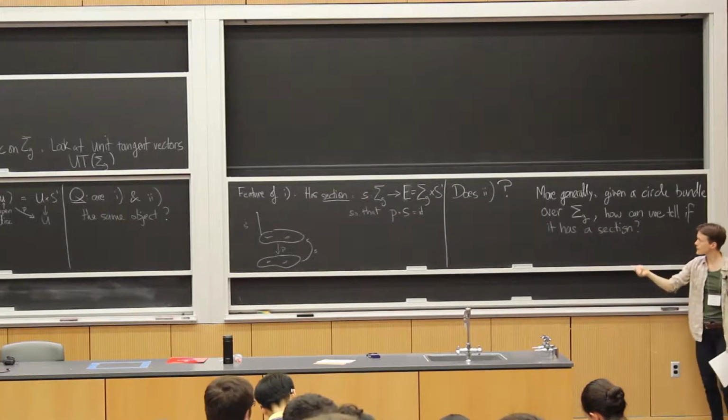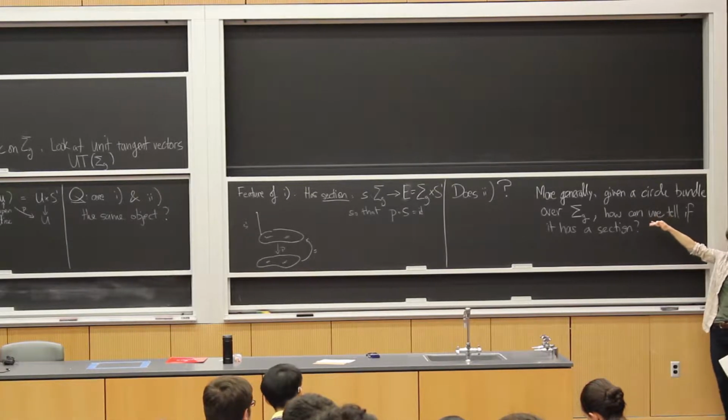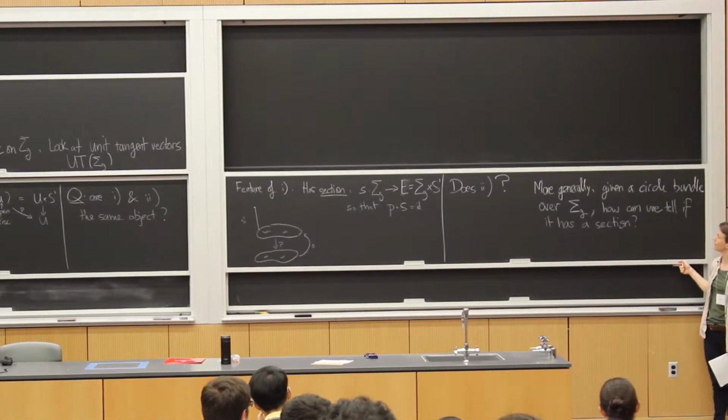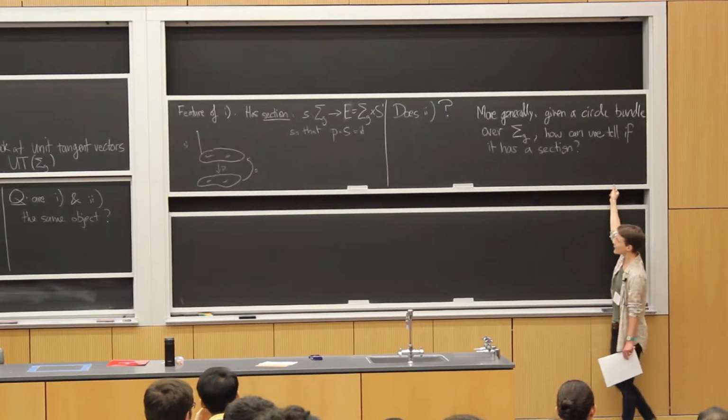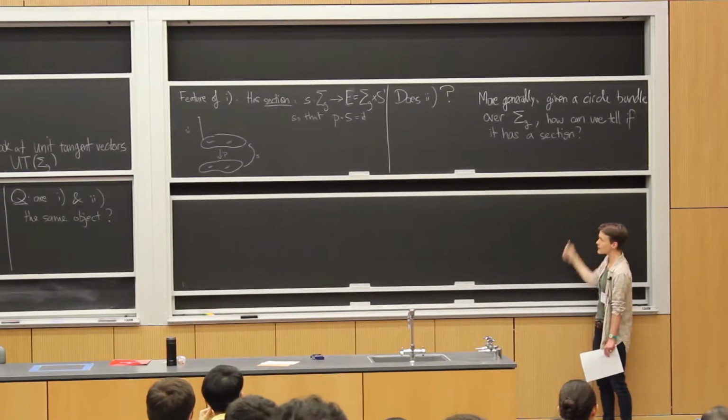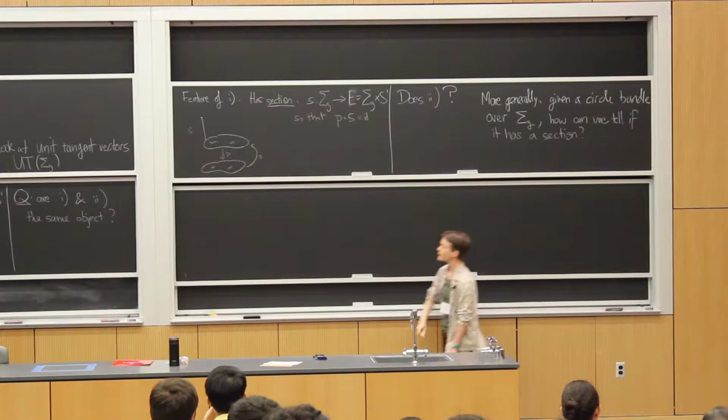Okay, so how can we tell if it looks like this example 1 where there's secretly sort of a surface sitting inside of it? Well, my answer is we'll just try and build it.